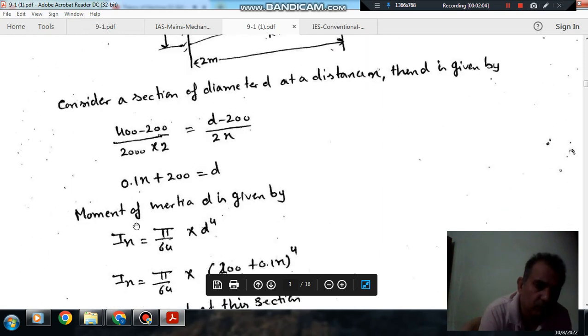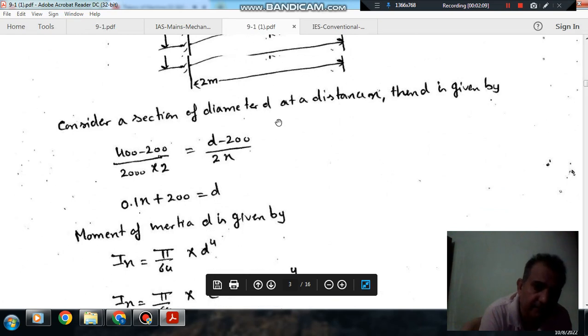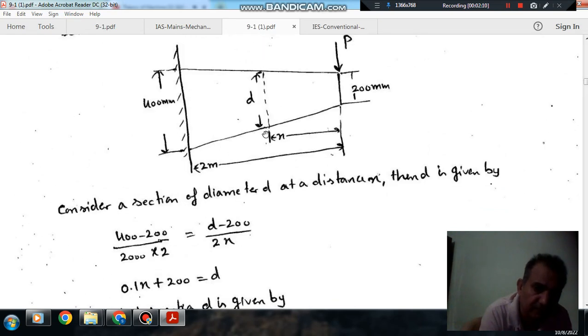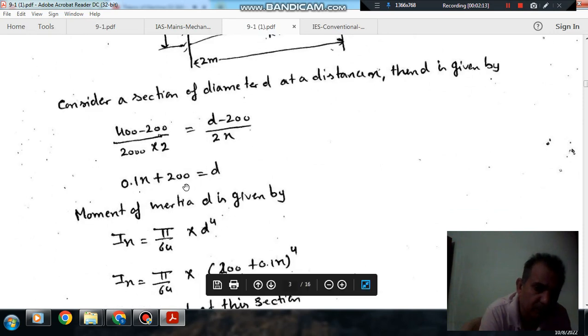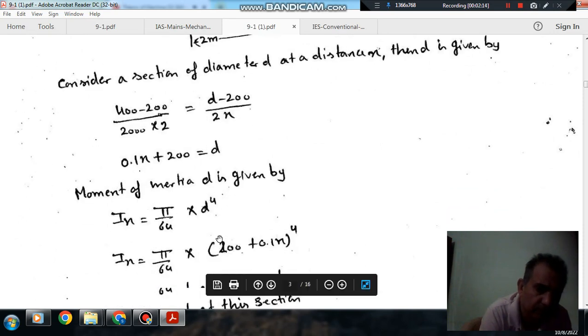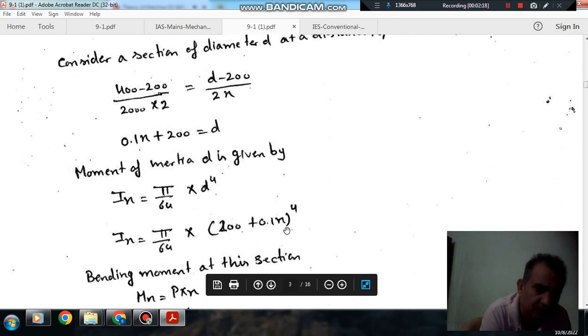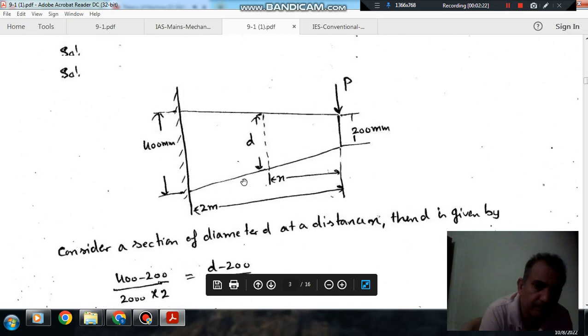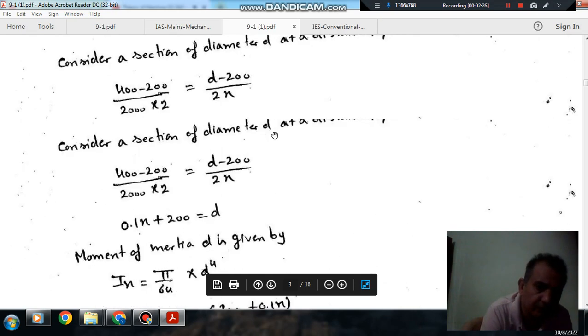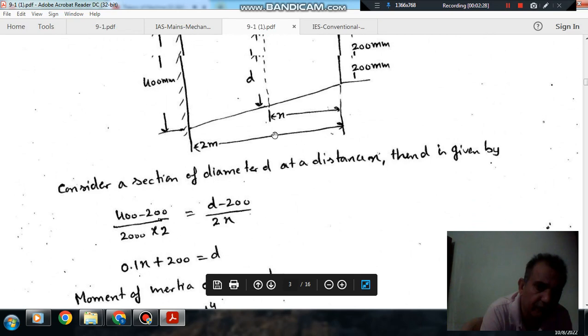Now moment of inertia at this section, moment of inertia about the x-axis is pi by 64 d to the power 4, and d is this quantity, 200 plus 0.1 x. And bending moment at this section is P into x. And y is your d by 2.